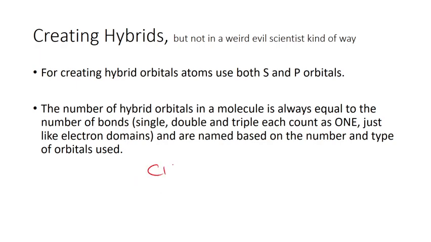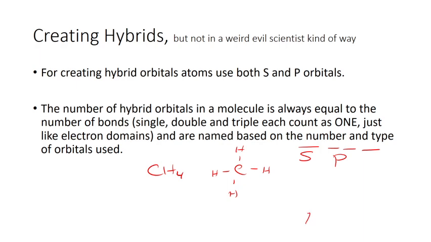If we have CH4, we know that the Lewis dot structure looks like this. So it has 4 single bonds, which means it needs 4 hybrid orbitals. And we know that carbon has some s and p orbitals available. If we remember that s has 1 orbital and p has 3 orbitals, it means that carbon has 4 orbitals available.